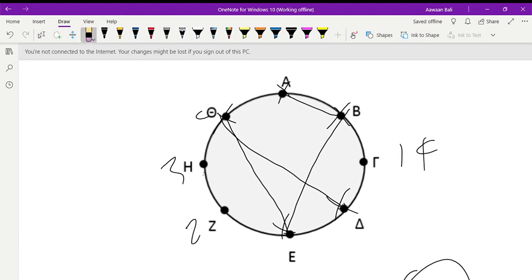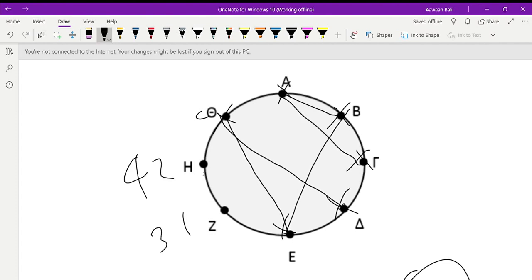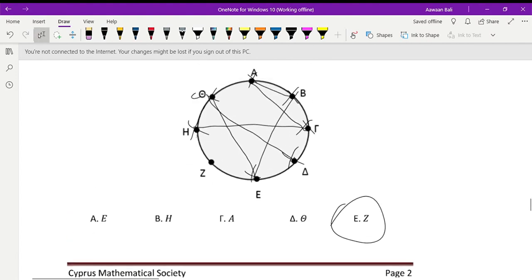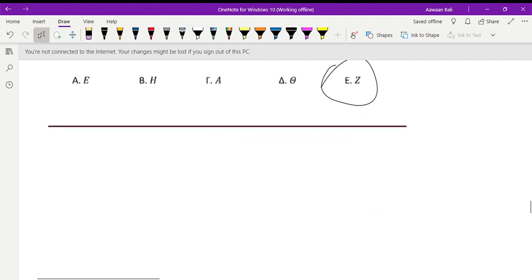Since there are no more, we go back to gamma, and this gets burst. Then we have 1, 2, 3, 4, and this gets burst, only leaving zeta left when we popped all of the balloons. Therefore, the answer is zeta. Balloon zeta will be left.